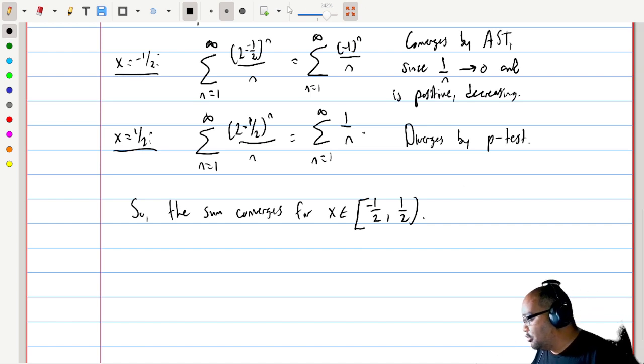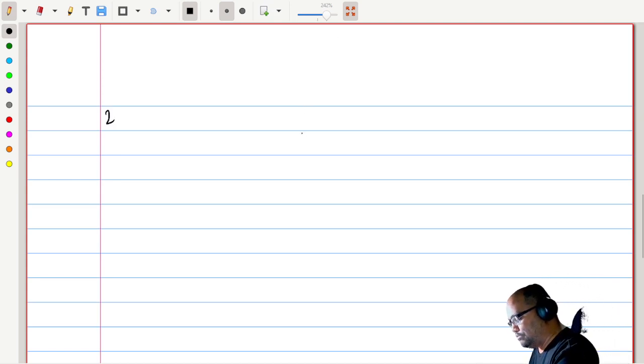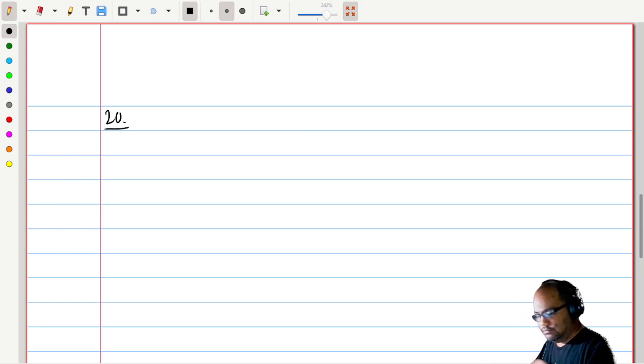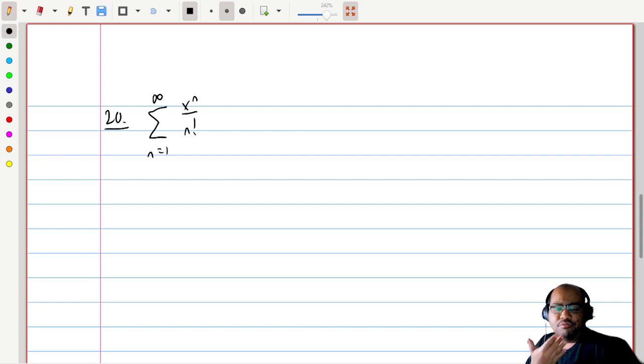All right, a few more to go. This one is an easy one. x to the n over n factorial. Now, if you've been reviewing, you might already know that this is a series for e to the x. And we're going to show that this satisfies a nice property.